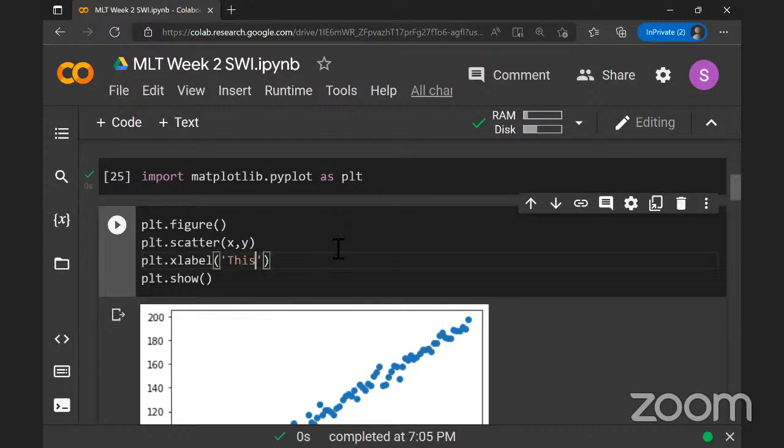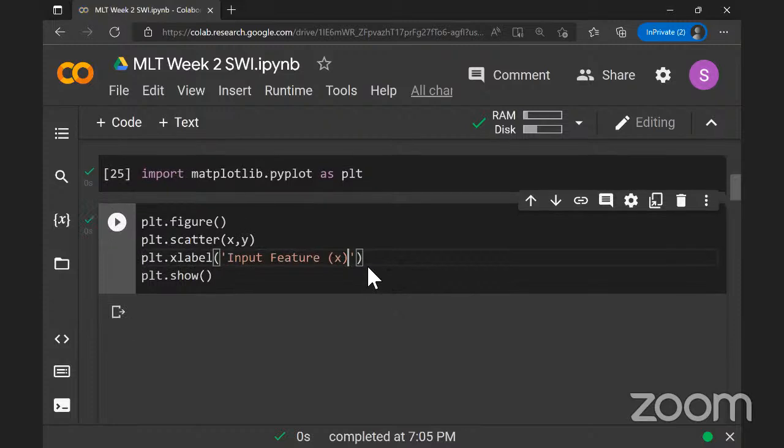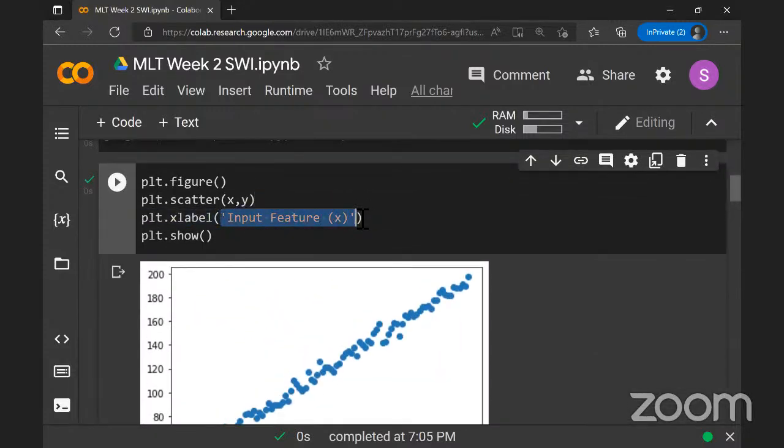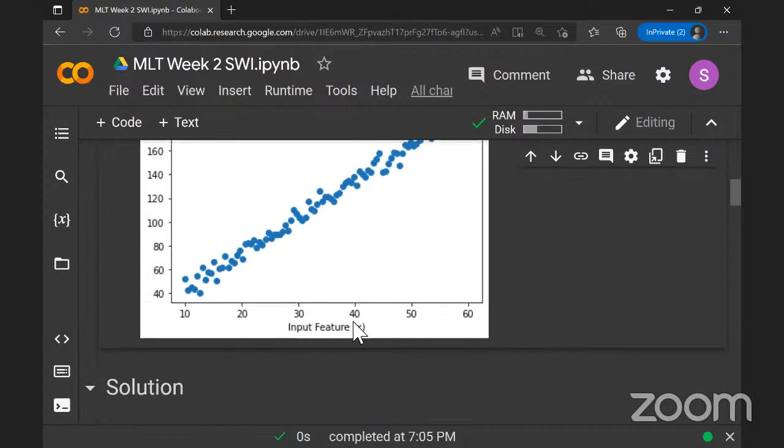So, I'm just going to put input feature. Okay. If I execute it now you will see whatever string I passed inside this function is appearing beneath the x-axis.